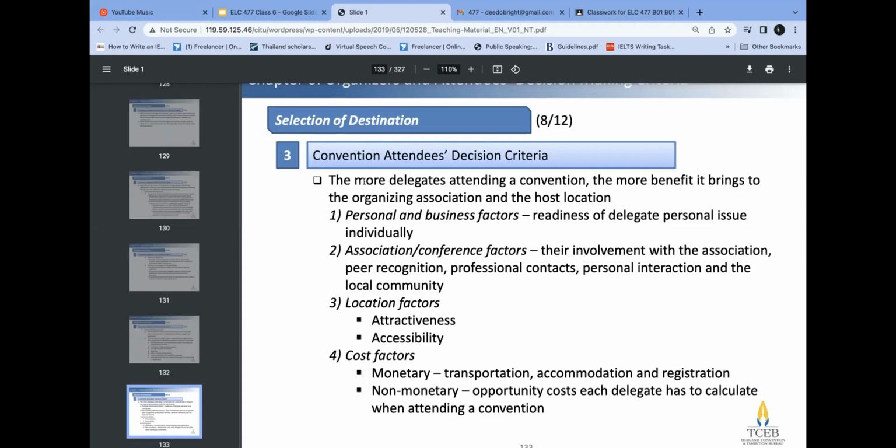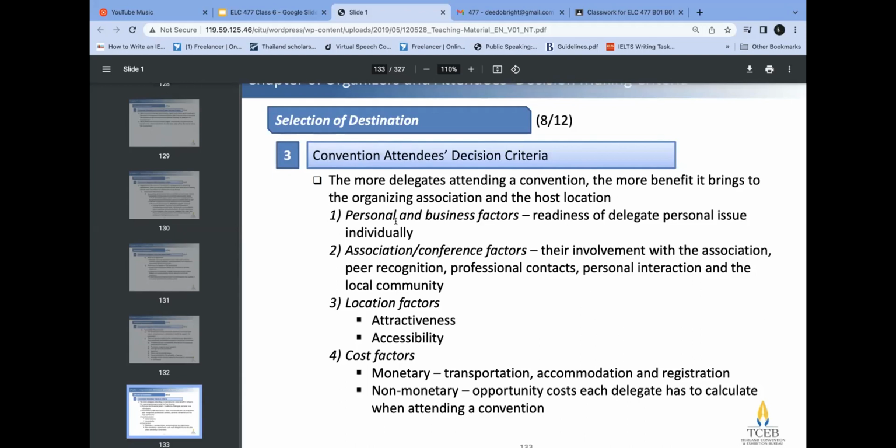This one will be very important for all of you to understand, because it talks about the target participants, the delegates attending the convention, and the more benefit it brings to the organizing association and the host location. There are just 4 aspects we have to understand.